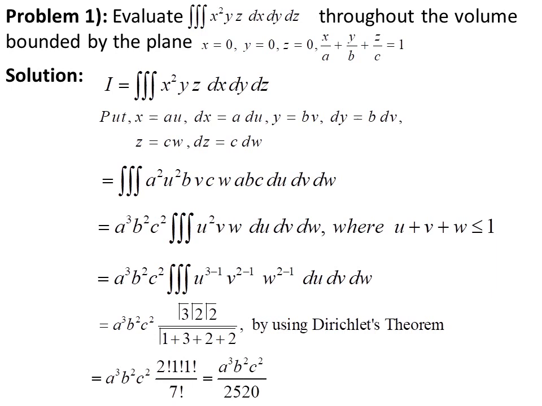Hence this is further evaluated as a cube b square c square, 2 factorial into 1 factorial into 1 factorial upon 7 factorial. So the evaluation we can write as a cube b square c square upon 2520. In this way Dirichlet theorem can be applied to solve the problem.